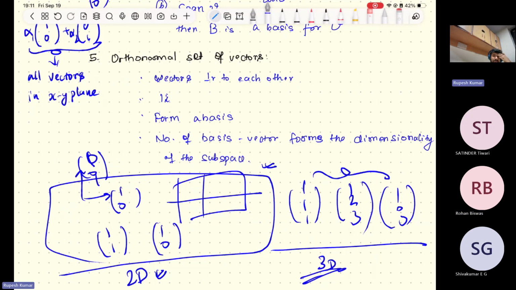Zero is a point, and a point is a dimensionless quantity, right? So how can you define a set that spans a dimensionless quantity? That's essentially an empty set of vectors.